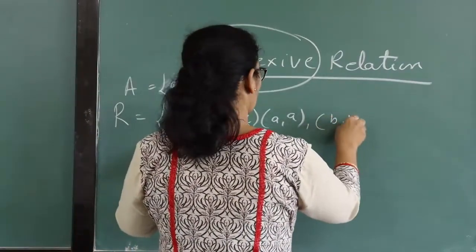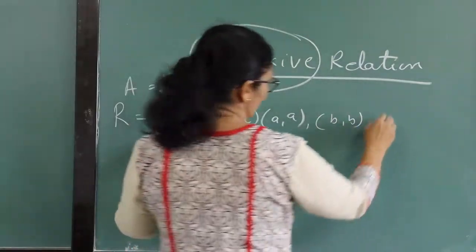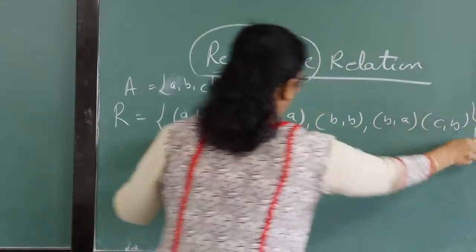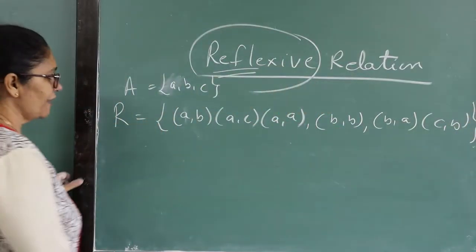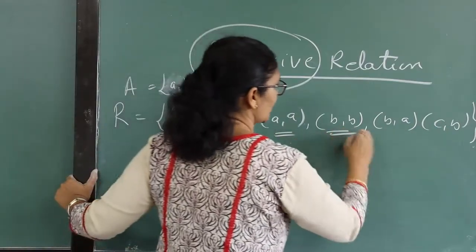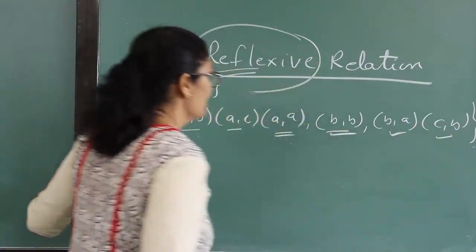Then B comma B. Then let's take B comma A, C comma B and so on. Now check. Is it reflexive or not? AB is there, AC is there, AA is there, BB is there. This one is BA and CB.